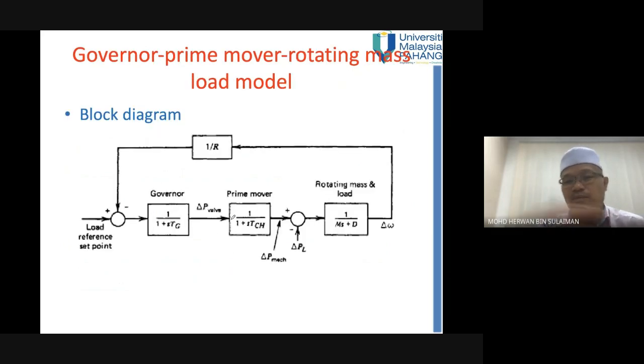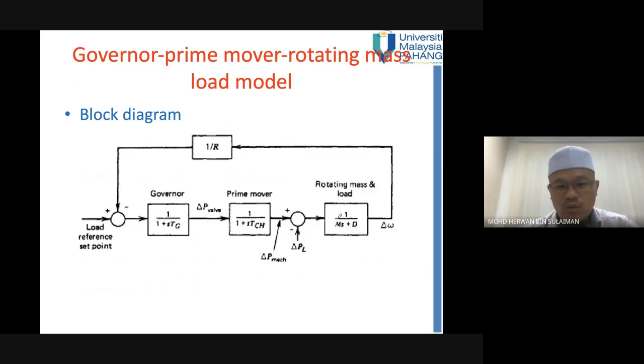Okay, so from there kita dah tahu dah everything. So kita boleh dapat kita punya block diagram of governor, prime mover, rotating mass load model. So kita ada governor. Kan yang tadi tu simplified, kita ada this one is our load changes and then this one is Pmax. Ni kita punya rotating mass model kan, ingat tadi kan, output dia delta omega.